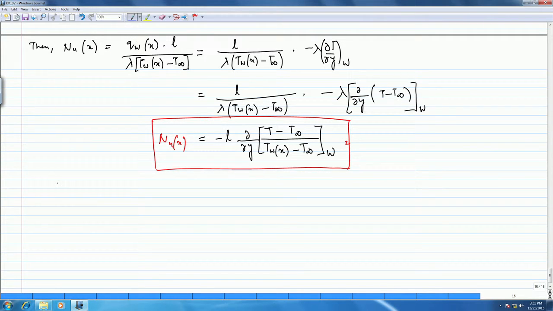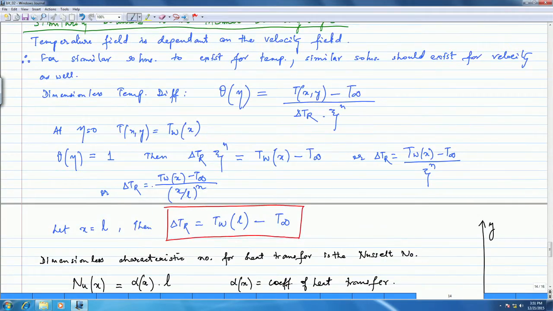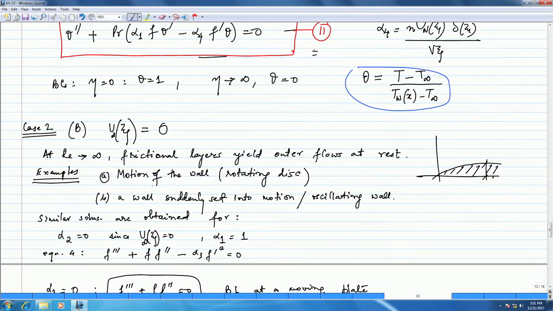So now again, the Nusselt number I can write as minus L, del y. Now, what did we define theta as earlier on? We defined theta as (T minus T infinity) by (T wall minus T infinity).